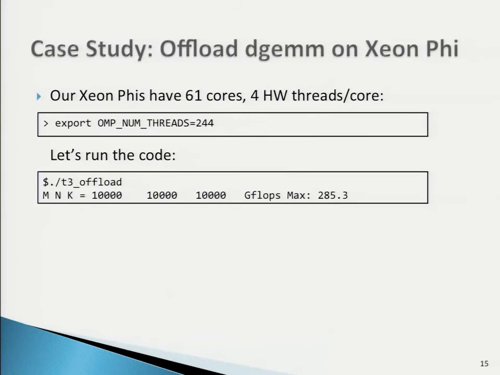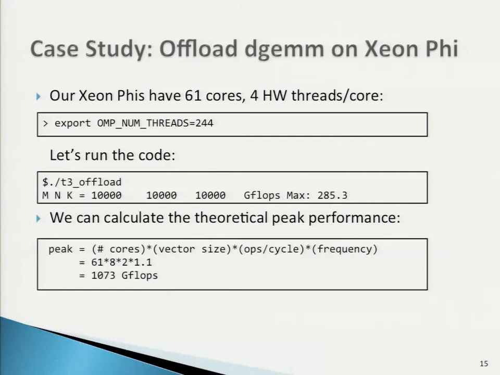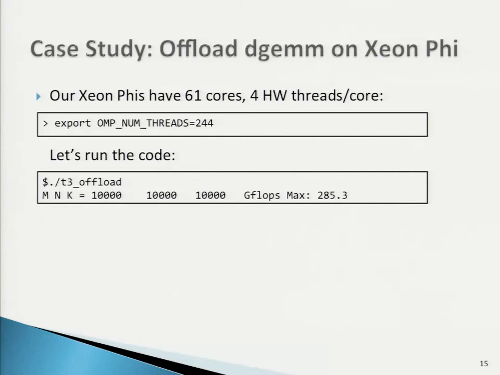So the Xeon Phi that we were testing on had 61 cores, 4 hardware threads per core. So that makes for a total of 244 threads. We run the code with 10,000 by 10,000 by 10,000 matrices, they're square matrices, and we get 285 gigaflops, which is not too bad.